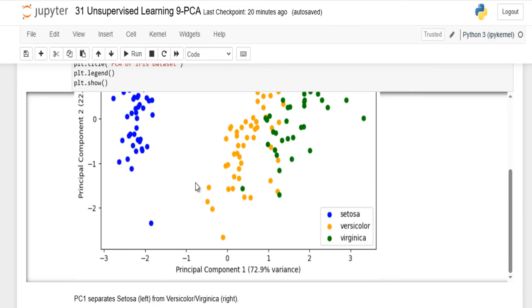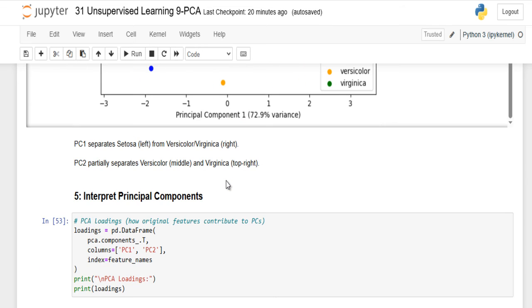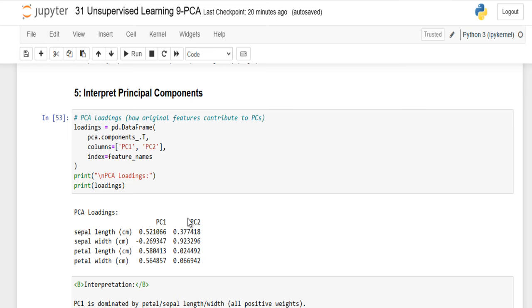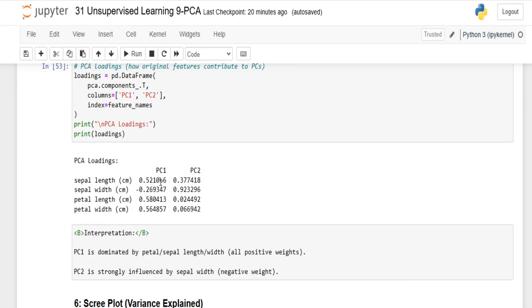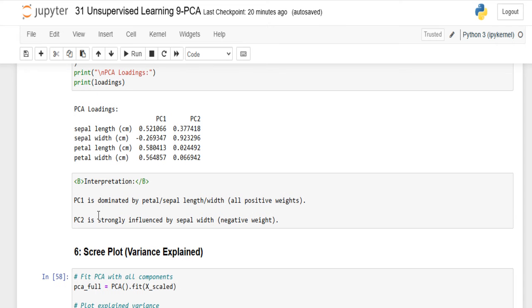So now we can interpret the principal components by looking at each of the PCs under PC loadings. When you have a large data set, you can have a lot of PCs like that. So we have PC1, PC2. PC1 is dominated by sepal features, with all positive weights.